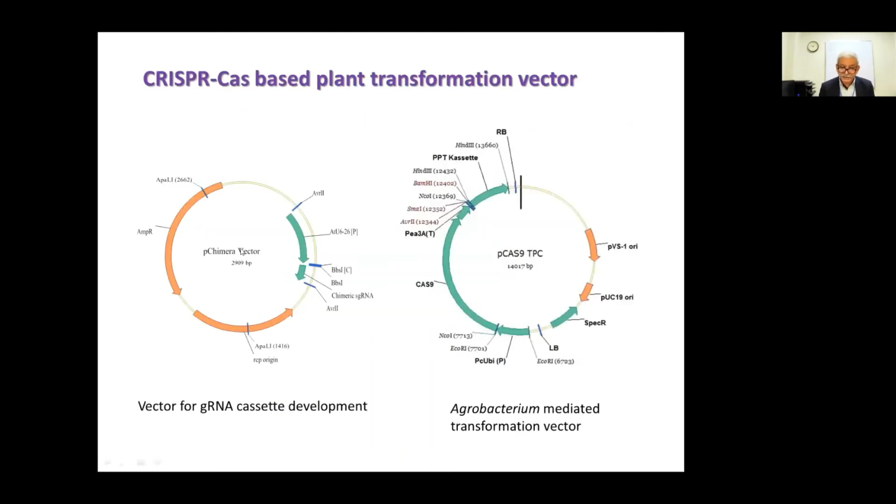So this is how I have shown here the plasmids which are available. You can see a left border here, a right border here, and you can see that Cas9 is here. You transform this vector, which has Cas9, directly by agrobacterium mediated transformation or by ballistic, whatever you like.